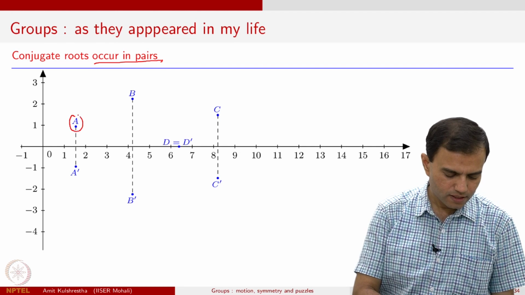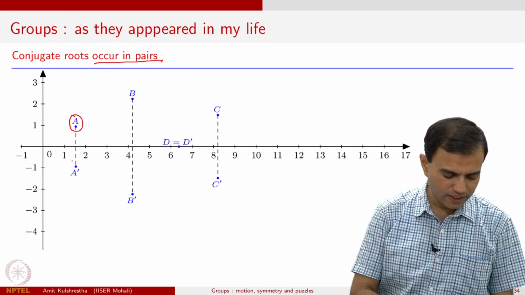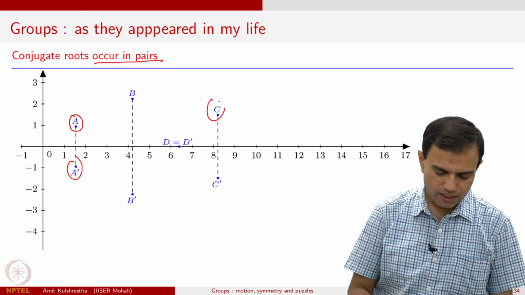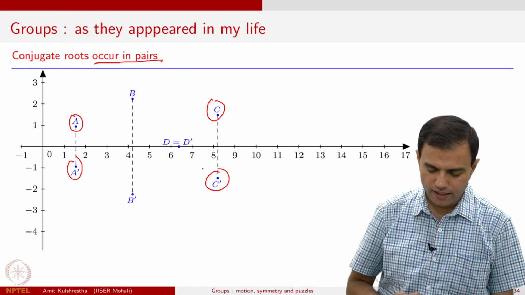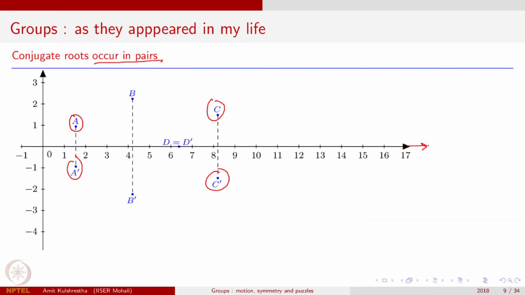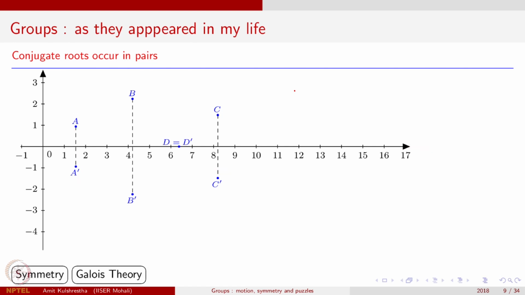So this is a root, then this is conjugate. What is there? There is symmetry across this axis, you call it x-axis, there is symmetry, right. So that symmetry is again captured in groups. So symmetry and of course Galois theory, as I said.